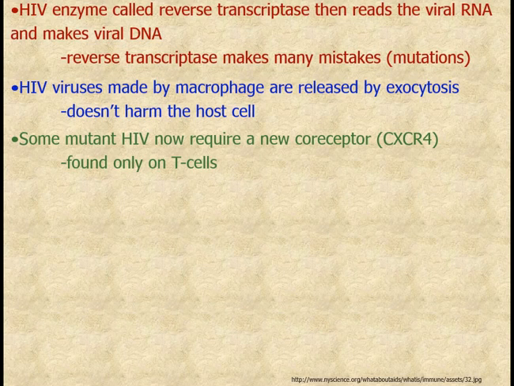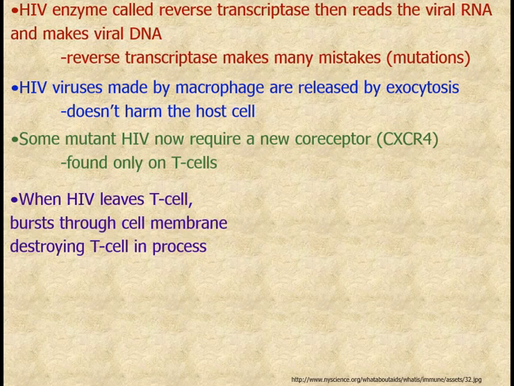The only cells that have the CD4 receptor and the CXCR4 coreceptor are the T cells. So now HIV starts infecting the T cells. The problem is that when HIV infects the T cell, starts to divide, and then leaves the T cell, instead of leaving harmlessly through exocytosis, it does what viruses typically do, which is bursting out of the cell membrane, and it destroys the T cell in the process.